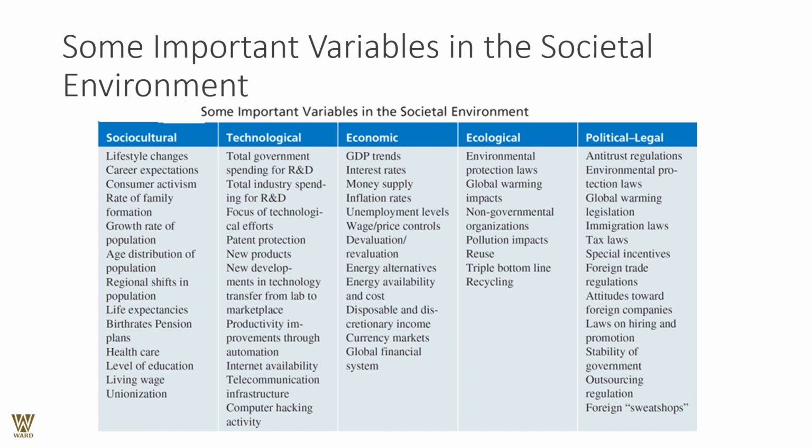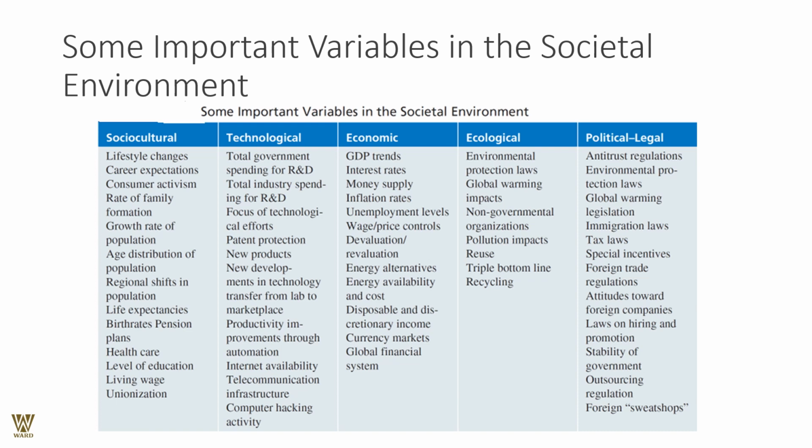Let us understand the ecological environment. Environmental protection laws, global warming impacts, non-governmental organizations, pollution impact, reuse, triple bottom line, and recycling as the case might be. This is what we are looking at.